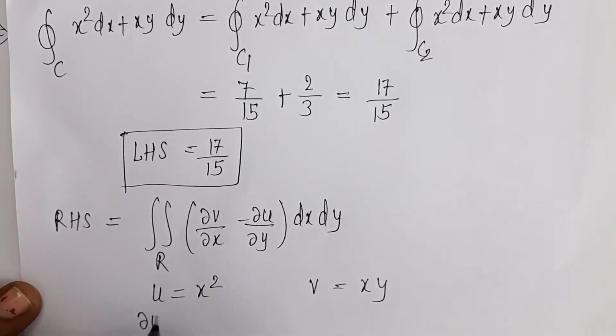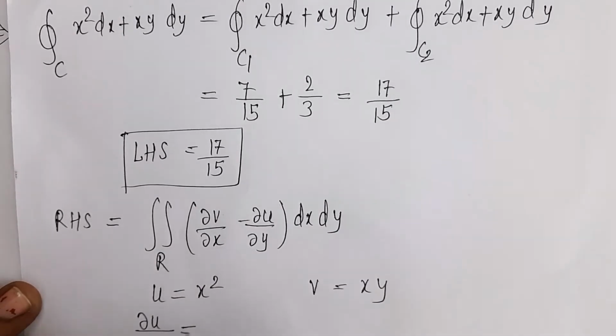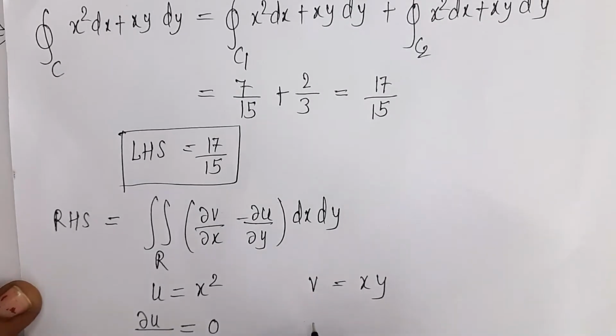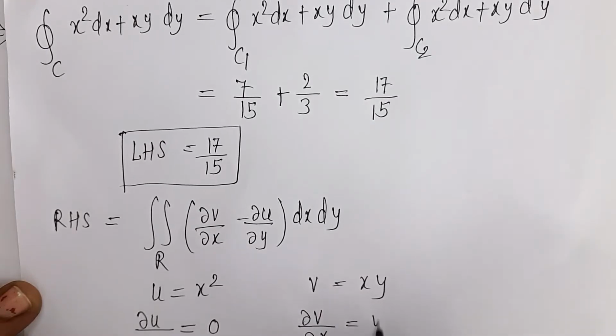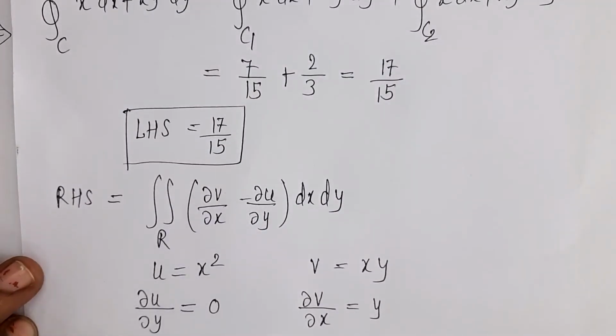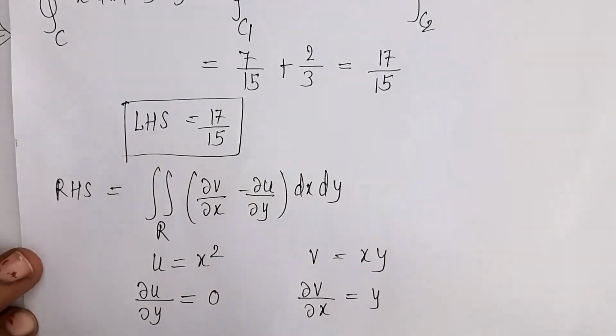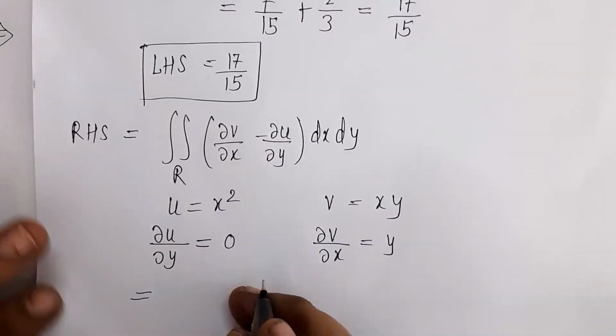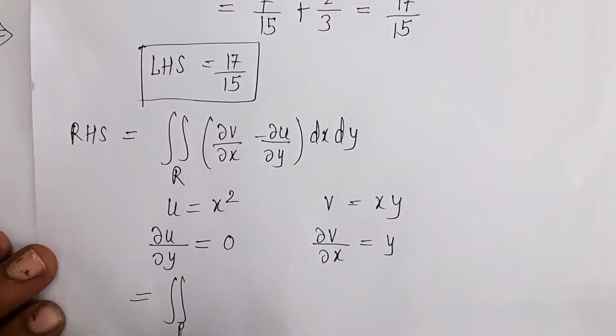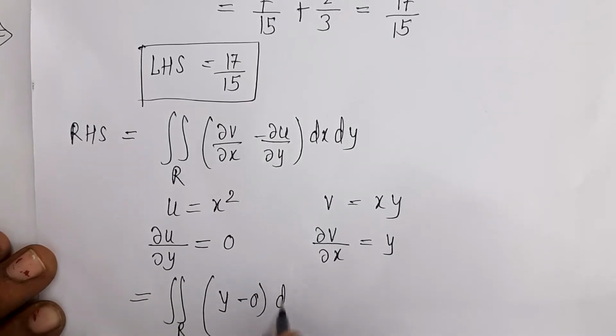So del u by del y is equal to 0 and del v by del x is equal to y. So substituting in this equation, it is equal to double integral over R, del v by del x is y, and del u by del y is 0, dx dy.